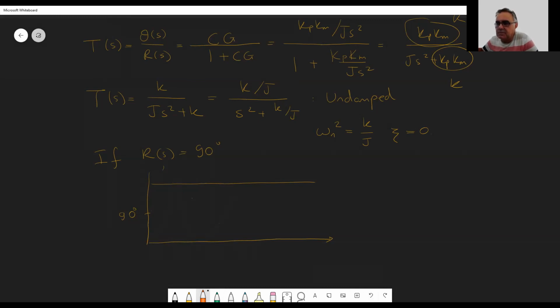I cannot draw it very well. Actually, I will show this on MATLAB. It will oscillate around here, and so on. What it does is it just goes back and forth like this and never settles down.